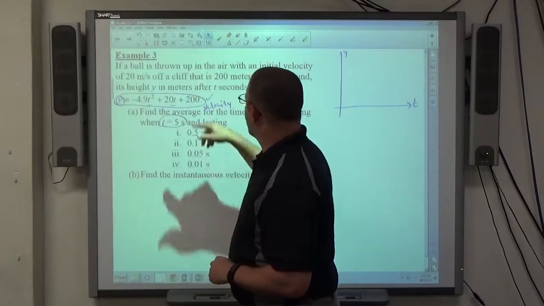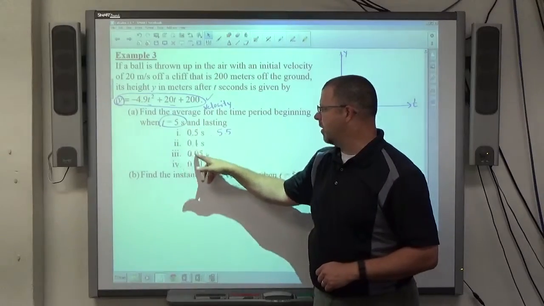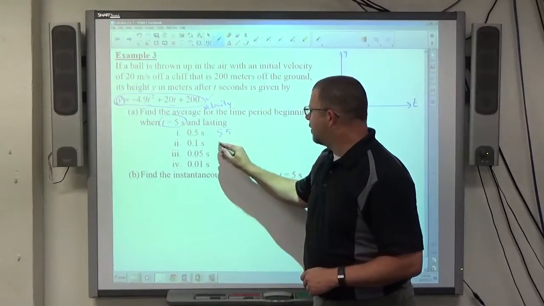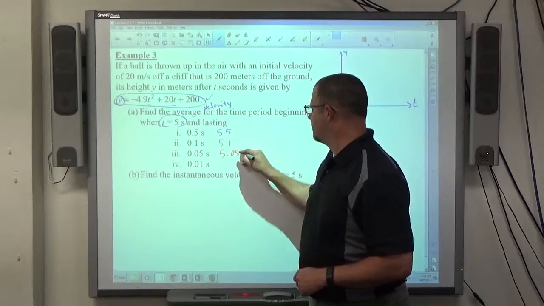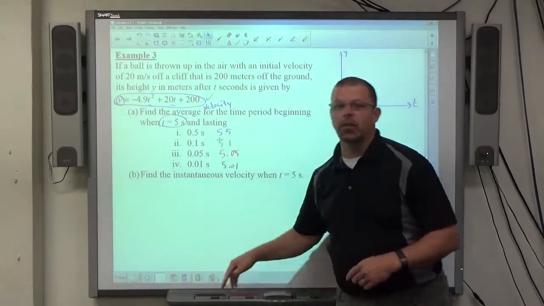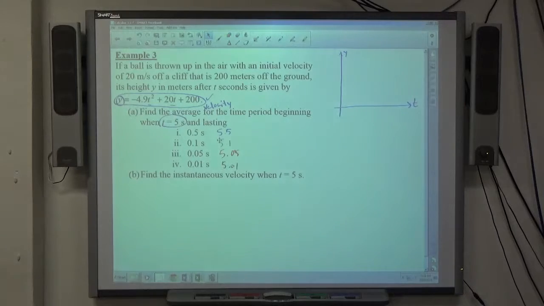Each one of these numbers, we're starting at 5 and going to here: 5 to 5.5, 5 to 5.1, 5 to 5.05, 5 to 5.01. Same deal we did on the last problem, except we're going to zoom in that way.